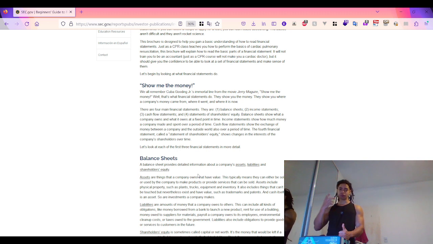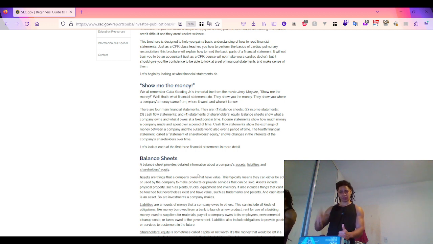Liabilities are obligations that a company has to pay, and shareholders' equity represents the amount of money that owners, or in this case the creator of the company, have invested in the company's common stock, plus or minus revenue or losses since inception.